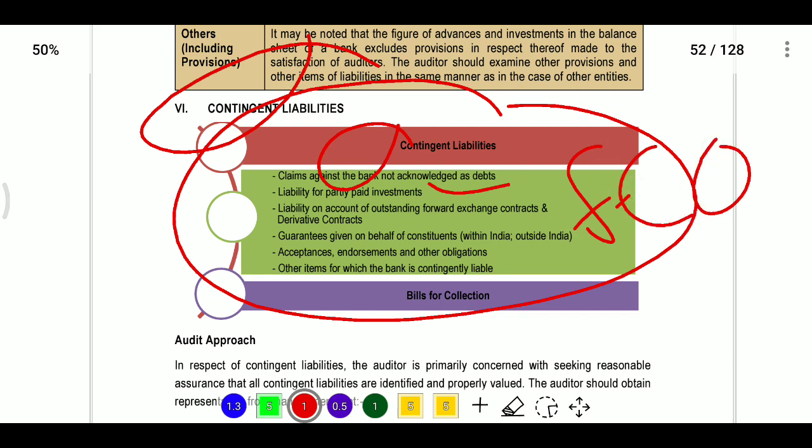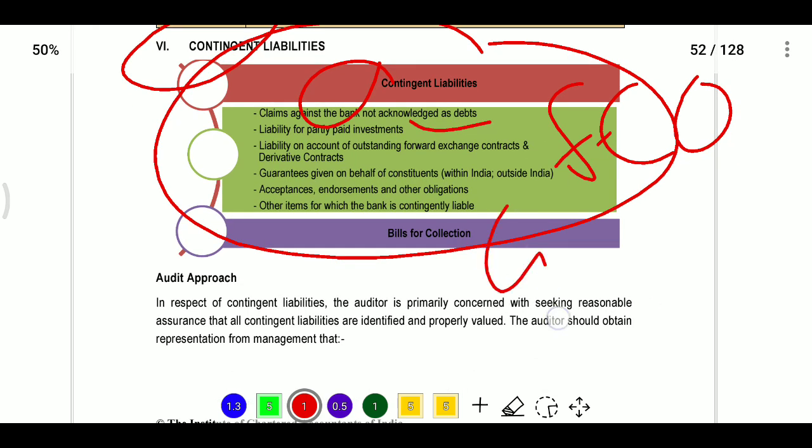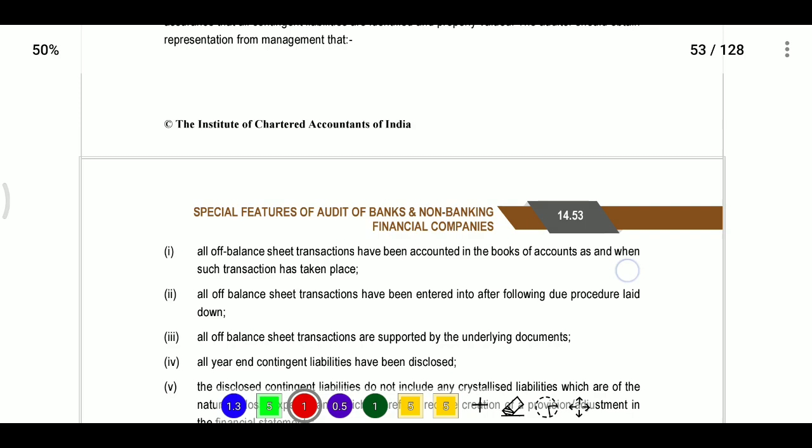Next, guarantees given on behalf of constituents in India or outside India. Next, acceptances, endorsements and other obligations or items for which the bank is contingently liable. These are the disclosure requirements for contingent liability.